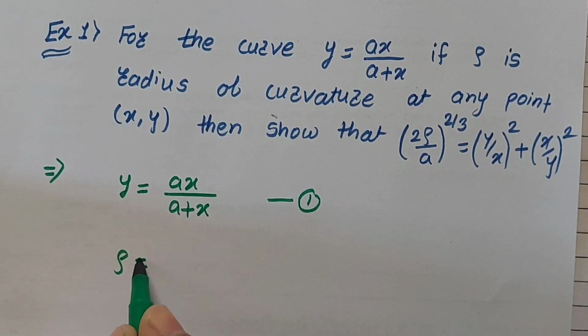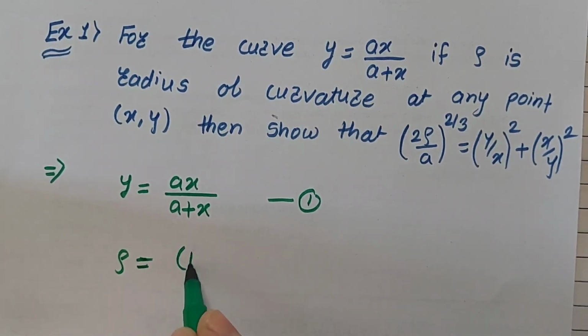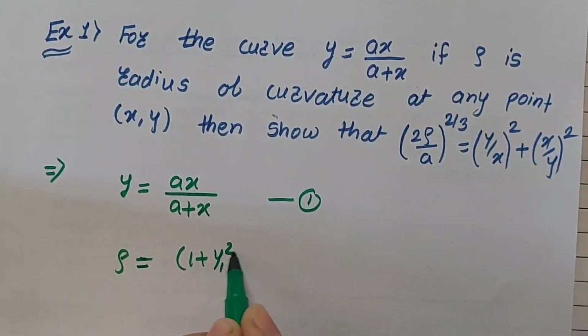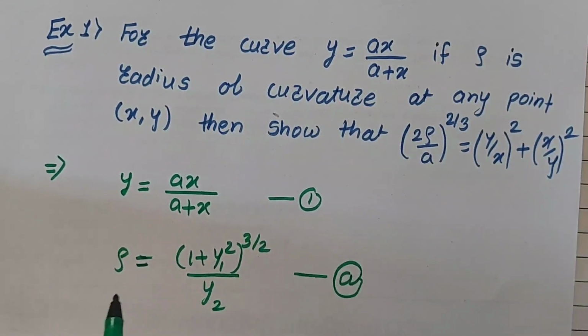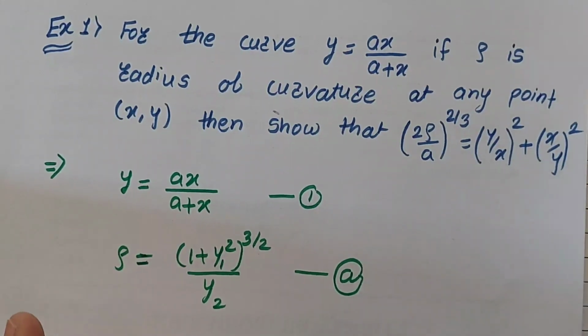To find the radius of curvature, the formula is (1 plus y1 square) raised to the power 3 by 2 divided by y2. So we first find y1 and y2 from equation 1. Differentiate equation 1 with respect to x.